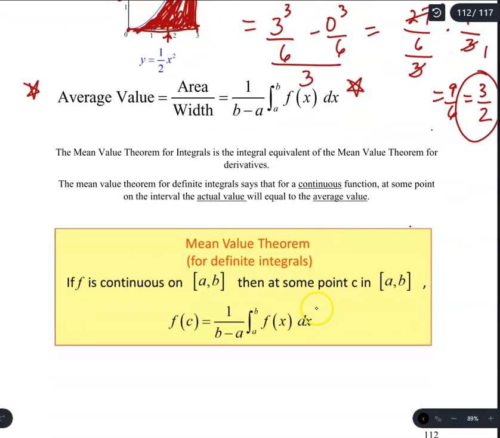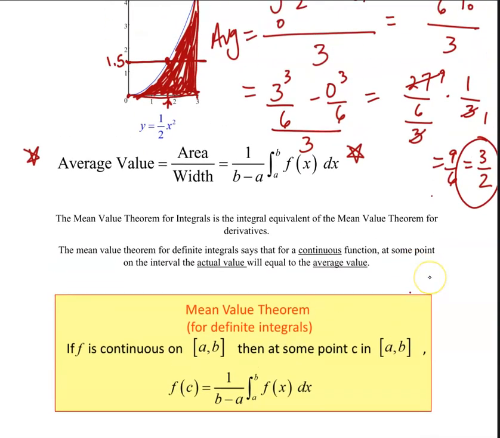And that leads us to something called the mean value theorem or the average value theorem for integrals. So it's similar to the one we did with derivatives, sort of the analogous version looking at areas. So it says that as long as we have a continuous function, at some point in the interval from a to b, so like in this example from 0 to 3, there is a place where the actual value, so that would be the actual value of 1.5, will equal the average value.